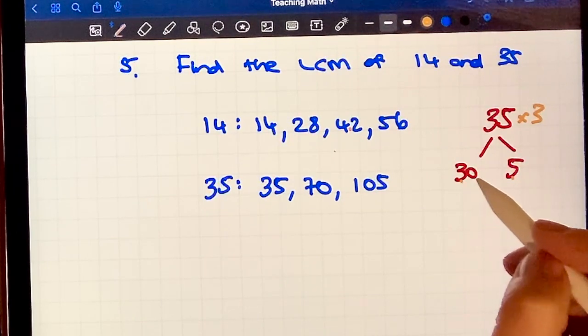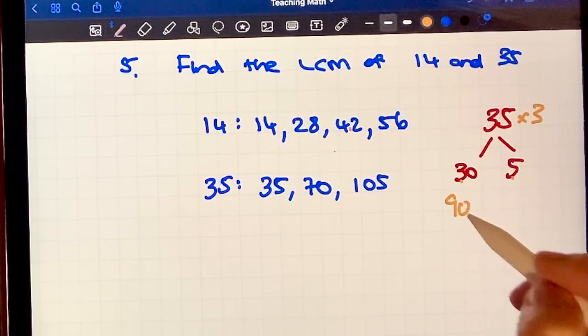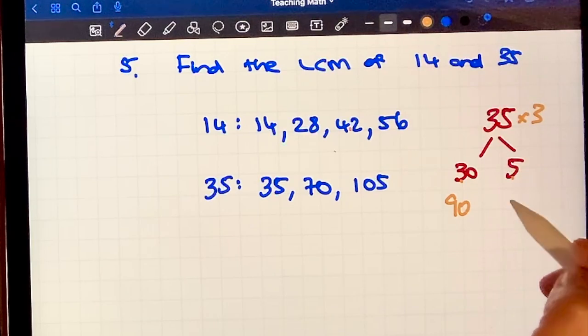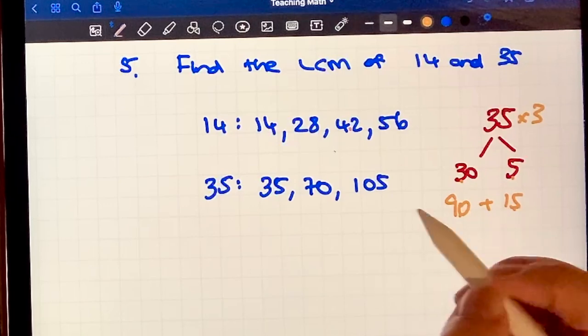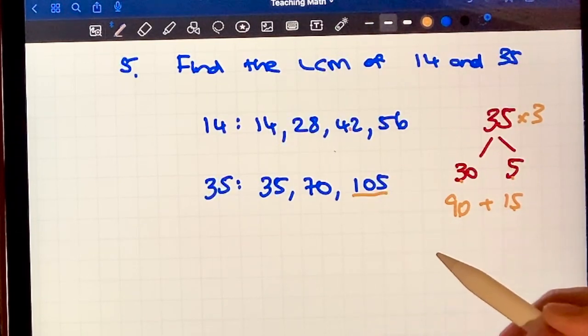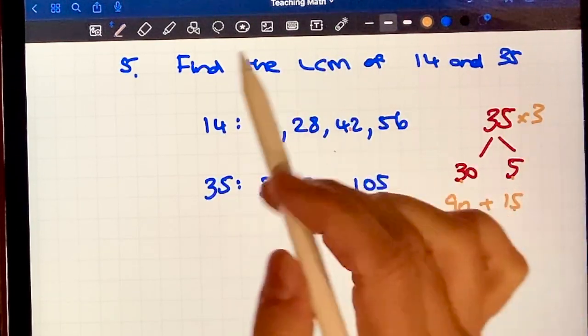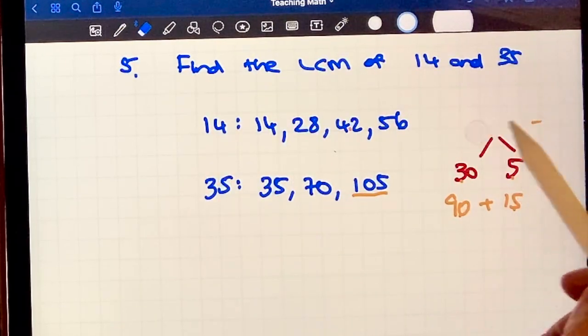So 30 times 3 is 90 and 5 times 3 is 15. So add them together and you get 105. Okay. So that is partitioning.